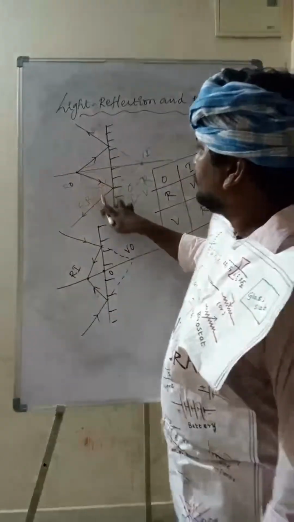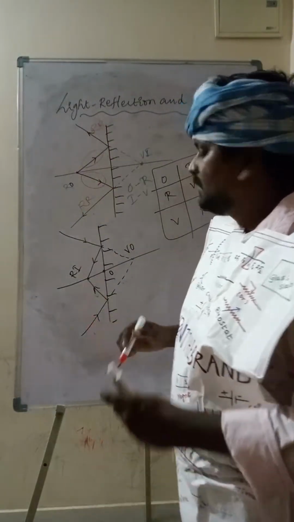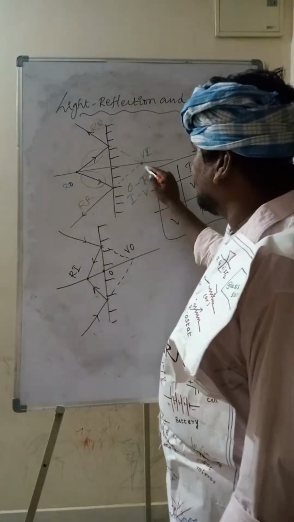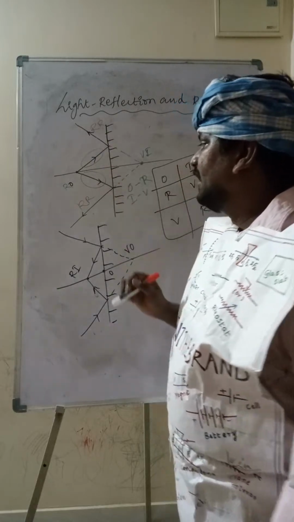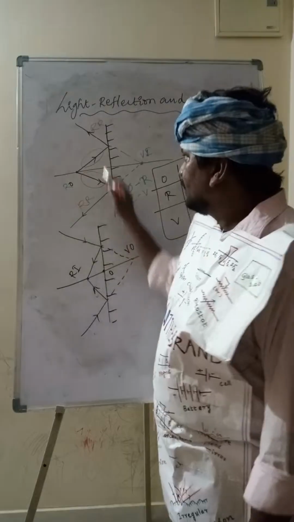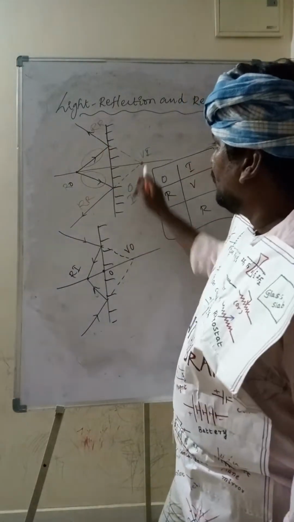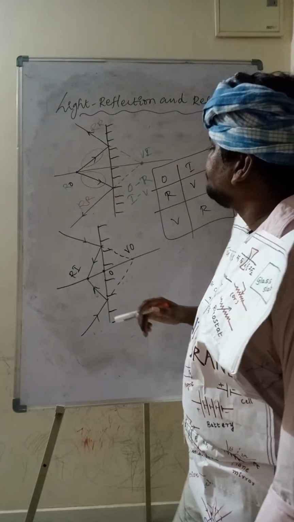After reflection, those light rays will meet at one point on the principal axis. That is called a virtual image.